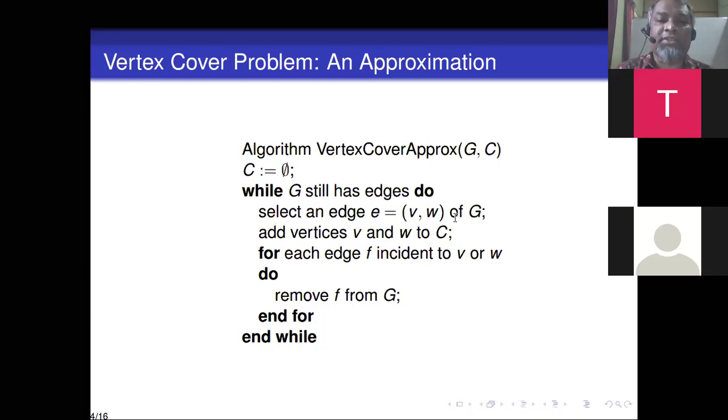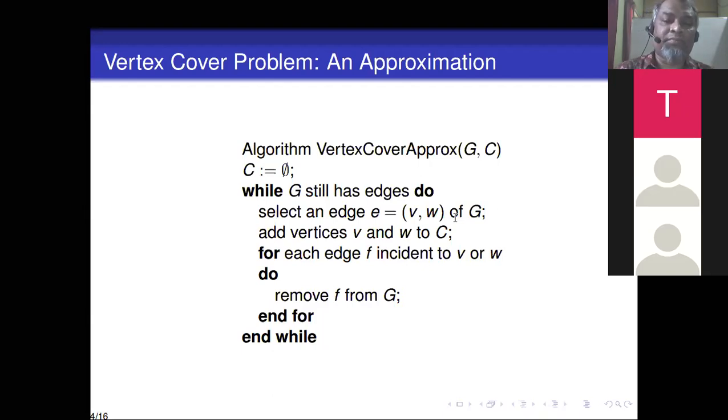Then we check whether there is an edge or not. If there is an edge, then we choose an arbitrary edge and we delete the end vertices of that edge. Repeatedly, when we choose an edge, we take the two end vertices of that edge into our vertex cover set, and finally we get a vertex cover. So this is our approximation algorithm for the vertex cover problem.